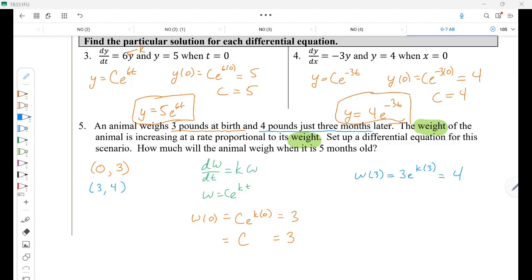Plugging that in gives us 4. Alrighty, so we can solve that. We get e to the 3k equals 4 thirds. Ln both sides, and we get 3k equals ln of 4 thirds, or k equals ln of 4 thirds divided by 3.